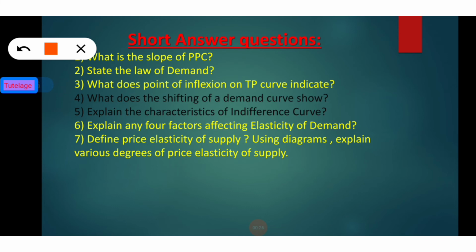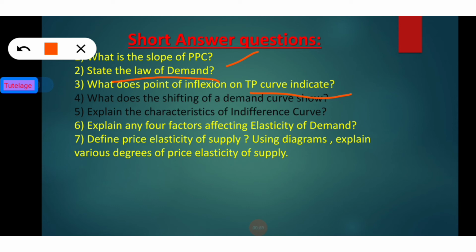Okay, so if you are following these sessions, you will get the correct answer for these questions. The first question is, what is the slope of PPC? That means production possibility curve. State the law of demand. The third question is, what does point of inflection on PP curve mean? So all things are related to the demand and supply chapter and the production chapter.